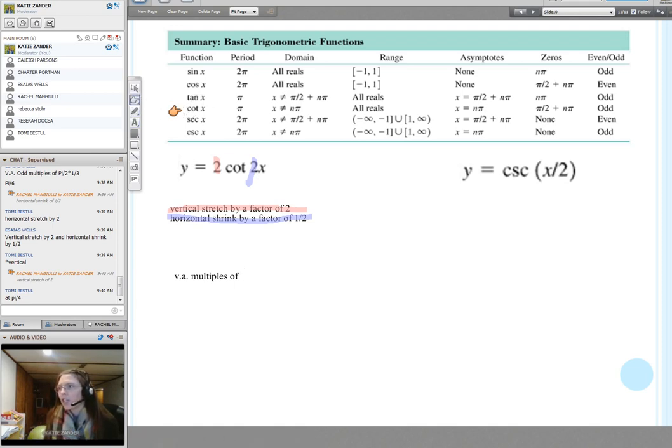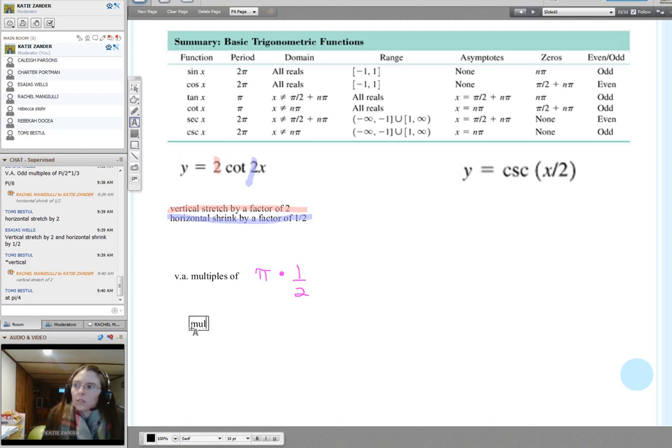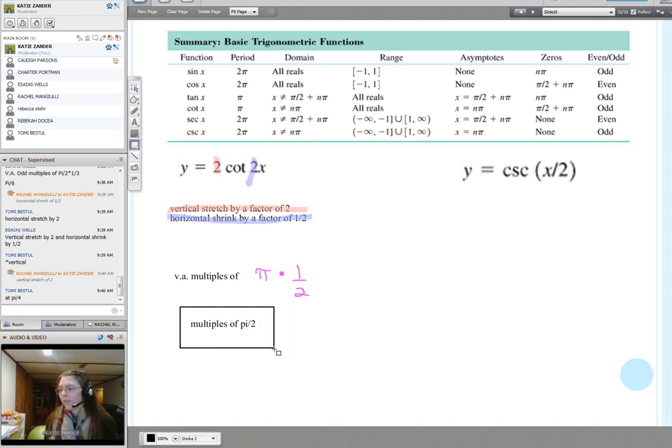If I look at the cotangent line right here, it's just pi. It's not pi over 2. So originally it's multiples of pi. But now we want to multiply by the horizontal factor, and the horizontal factor is 1/2. So that's going to turn into multiples of pi over 2. Now keep in mind that the vertical stretch does not come into play with your asymptotes. Questions with how we got that pi over 2, the multiples of pi over 2 for the vertical asymptotes?